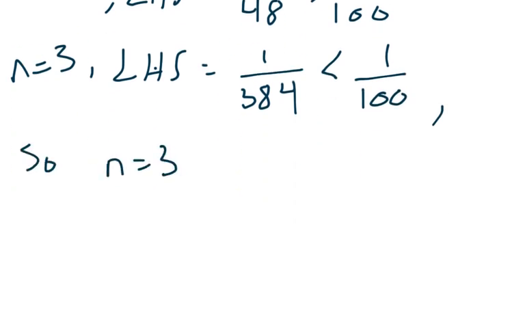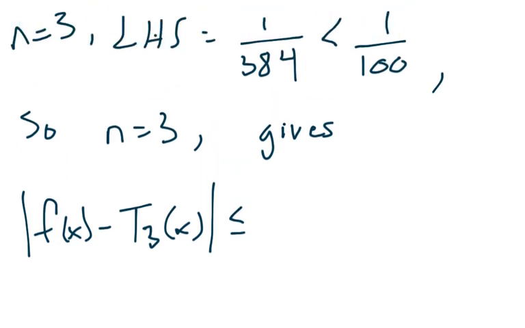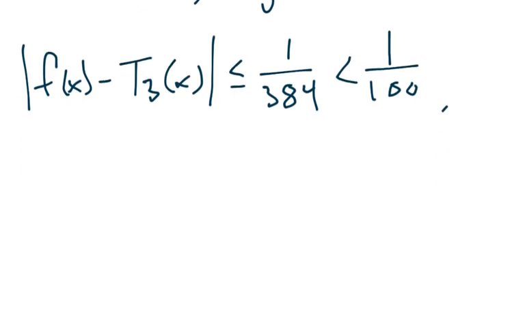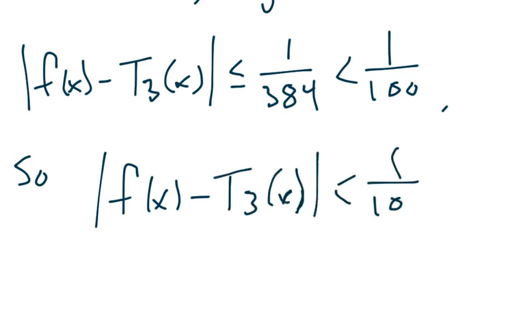So n equals 3 gives, well, the error is g of x minus T3 of x. Well, we know it's less than or equal to 1 over 384, which is less than 1 over 100. So in fact, we have that g of x minus T3 of x is less than 1 over 100. Okay, so T3 is the one we want.